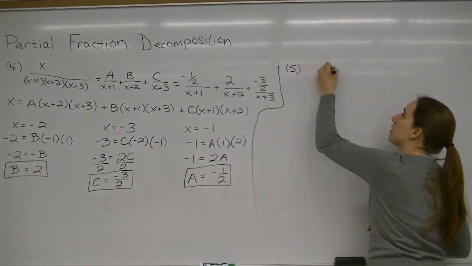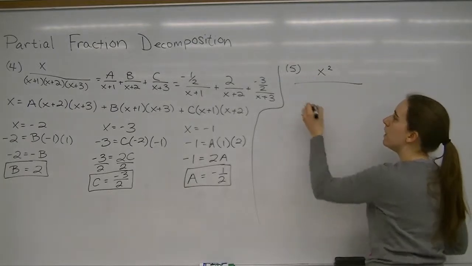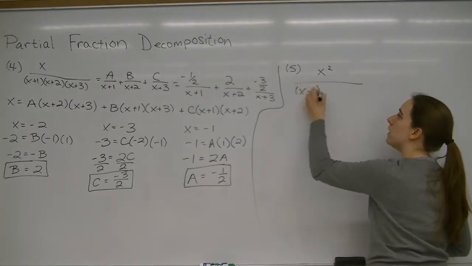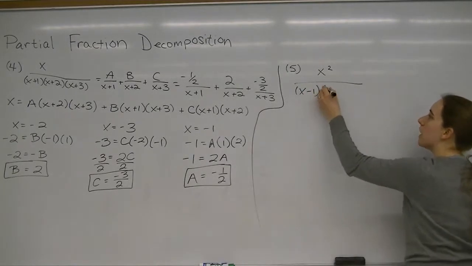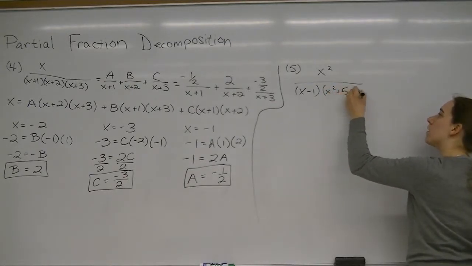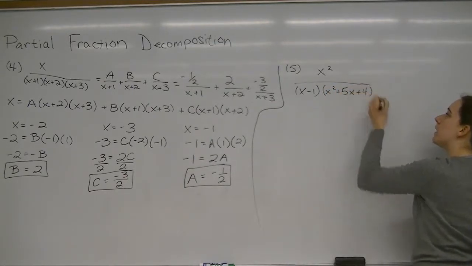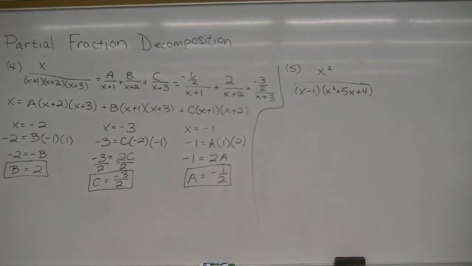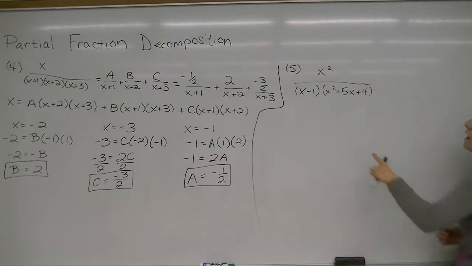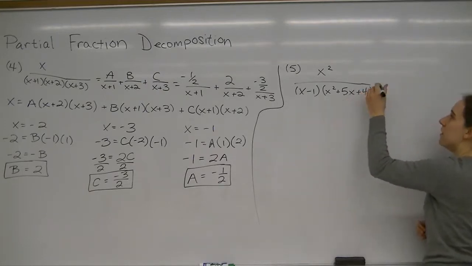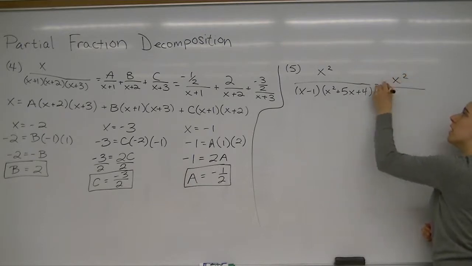So let's take x squared over x minus 1 times x squared plus 5x plus 4. Now here's another one where it doesn't immediately look like we can use partial fraction decomposition. But this can be factored, right? I have x minus 1.